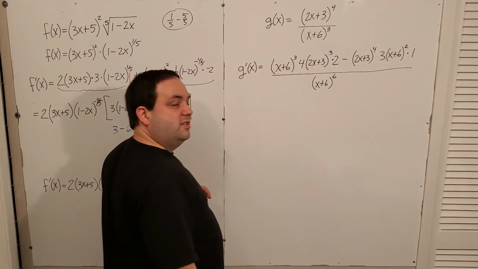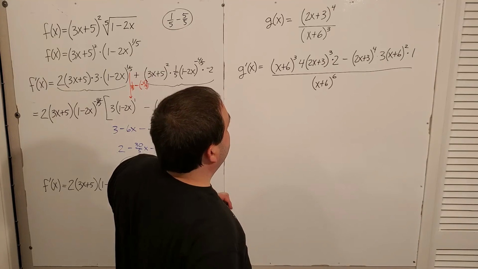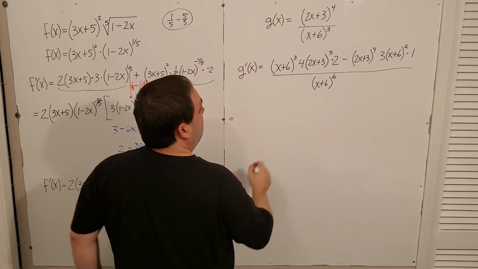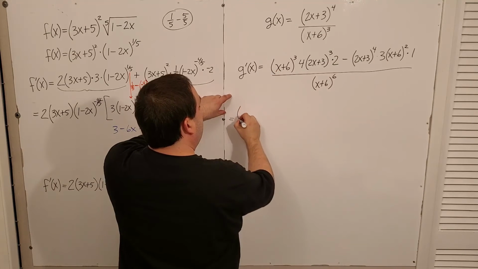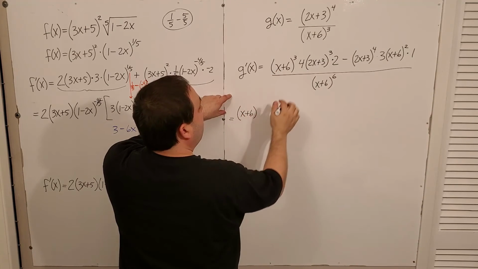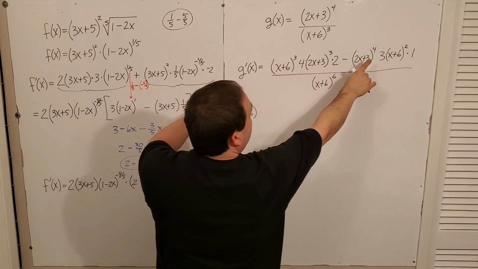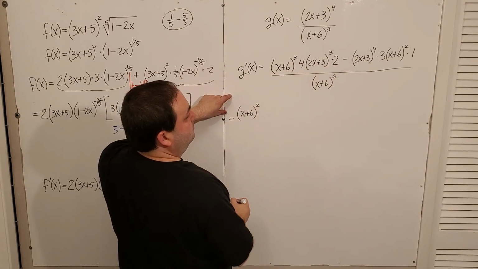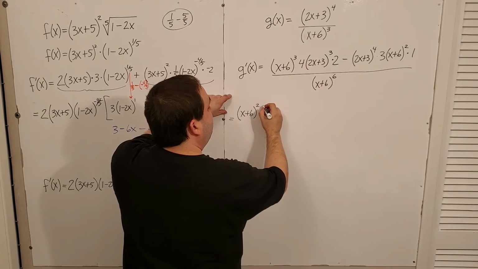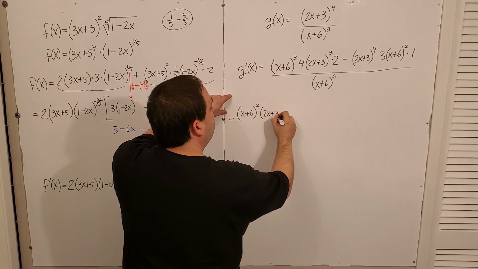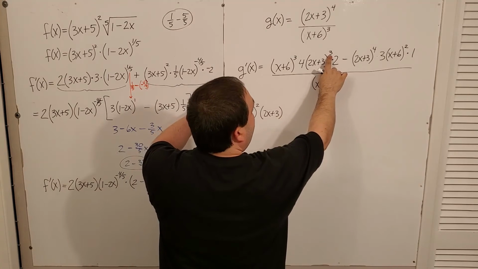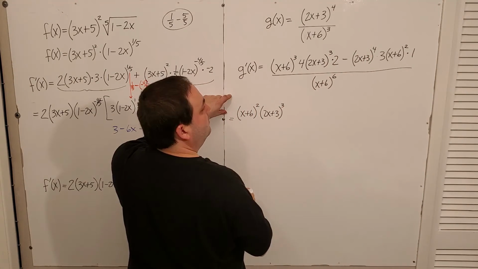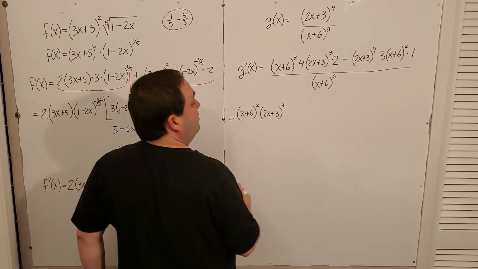So no singular numbers are going to come out. But let's continue here. So I know I can pull an x plus 6, and look at your two powers, 3 and 2. So I can pull out 2 of them. I can also do a 2x plus 3, and I'm noticing a 3 power and a 4 power, so I can pull out 3 of them. And that's it. They don't have anything else in common.